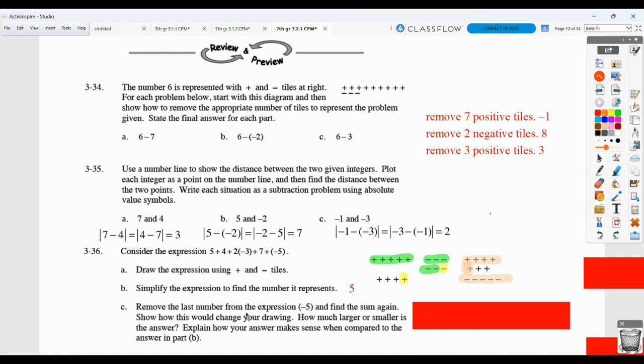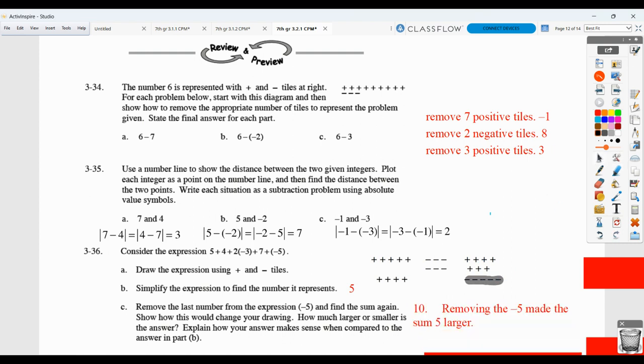Now they want you to remove the last number from that expression, that -5, and find the sum again. So what you'd be doing here is you would no longer have this. You would no longer have those -5. So now you're going to go ahead and show, again, your 0 pairs.